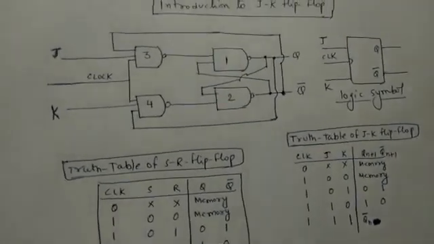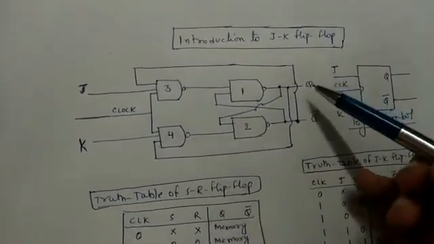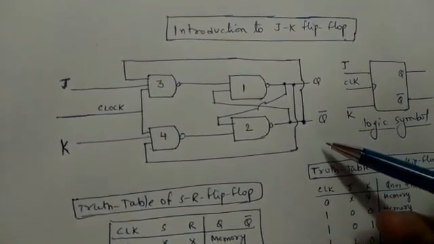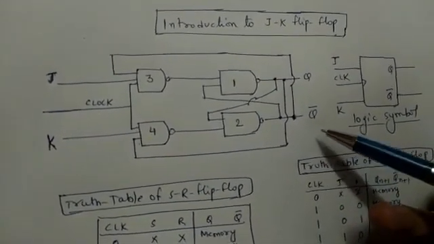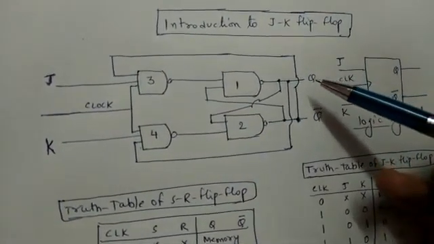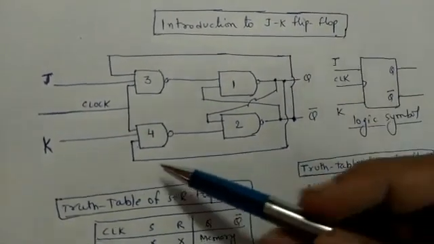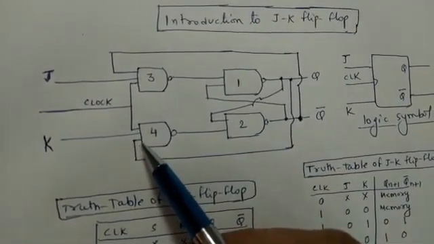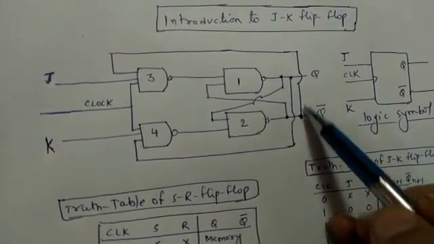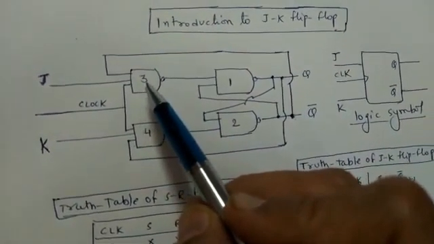If we have a closer look at the circuit diagram of the JK flip-flop, here you can see that the outputs Q and Q bar are fed back as inputs to the NAND gates 3 and 4. That is, the output Q is connected as an input to NAND gate 4, and the output Q bar is connected to the input of NAND gate 3.